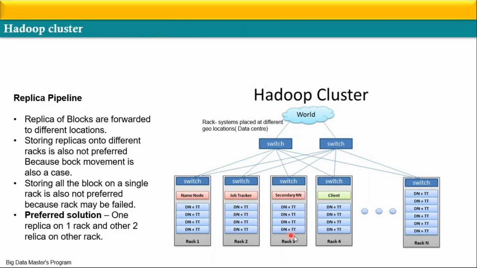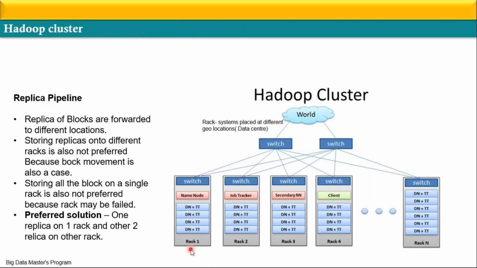So I'm having the replicas, or the data, among these particular nodes. Say block 1 is available over here, block 1 is available here, and block 1 is also available over here. Say replication factor 5 is there: block 1, block 2, block 3, block 4, and block 5.